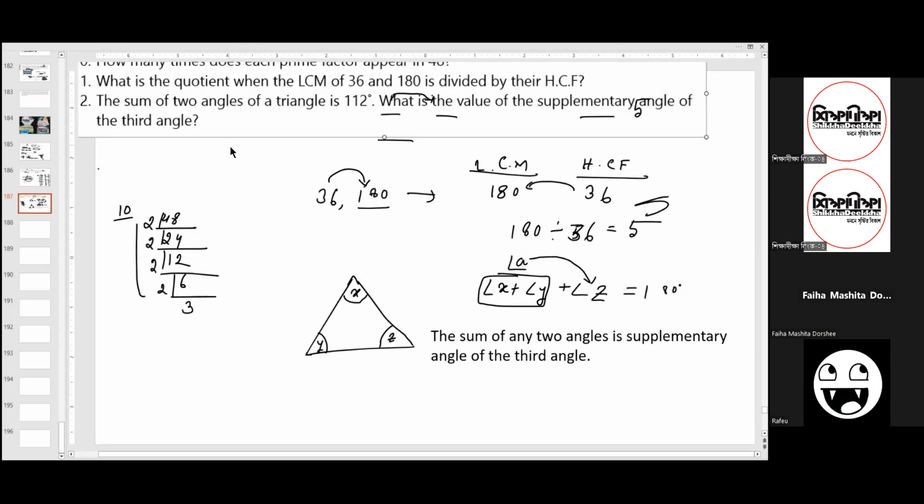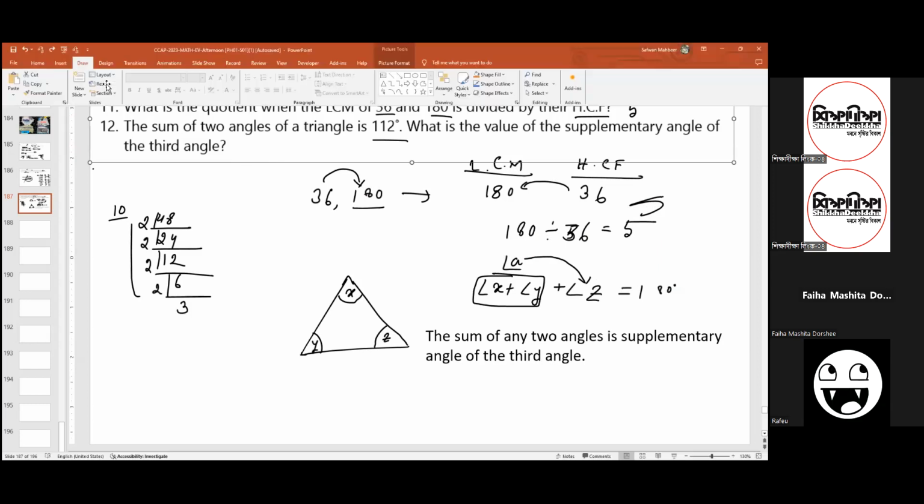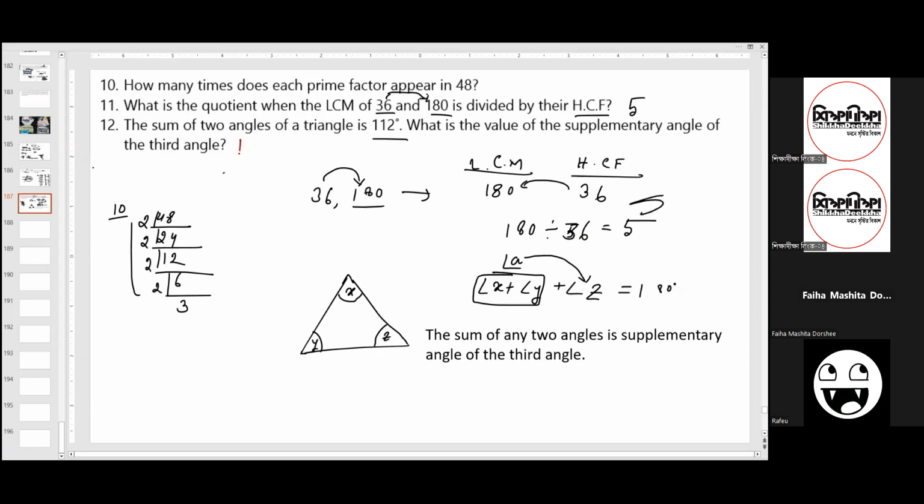So this is actually the supplementary angle of the third angle Z. Do you understand? So the answer is clear. Yes, sir. Okay.